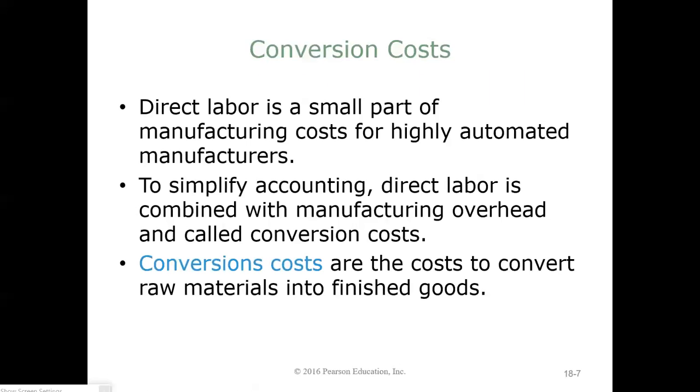We have things that roll down production lines and get auto welded and all sorts of stuff. So to simplify the accounting, we combine direct labor with manufacturing overhead, and we call that conversion costs. So now instead of worrying about direct materials, direct labor, and manufacturing overhead, we just say direct materials and conversion costs, or the cost of converting the raw material into the finished good. So that's going to come up in here.